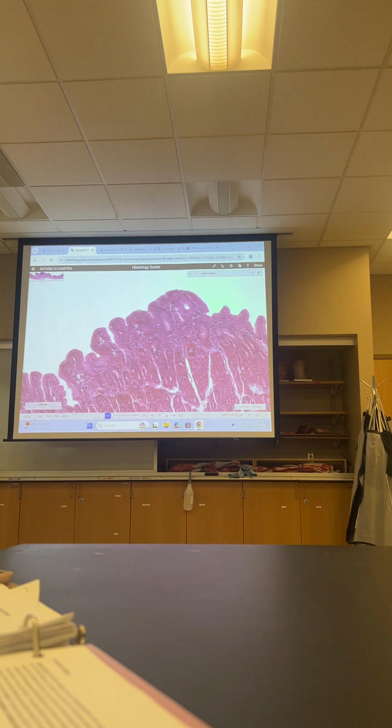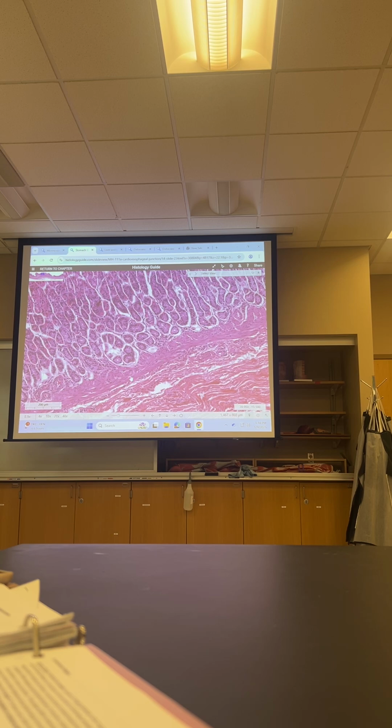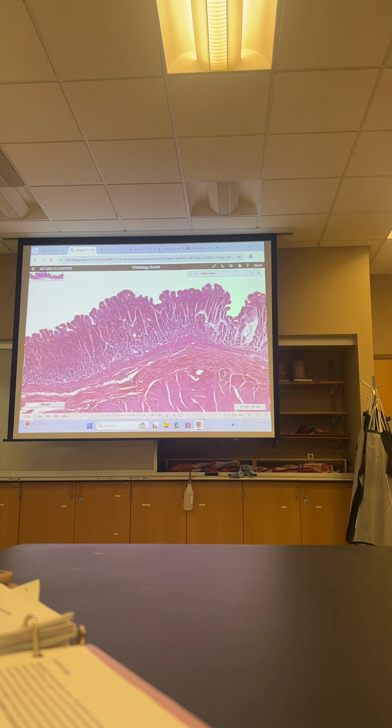And then go back to the bottom here. There's a layer of smooth muscle, and this is the muscularis mucosa. So those three layers are the mucosa: the simple columnar, the lamina propria, and the muscularis mucosa. So everything from, let me zoom out for you, here up is the mucosa.